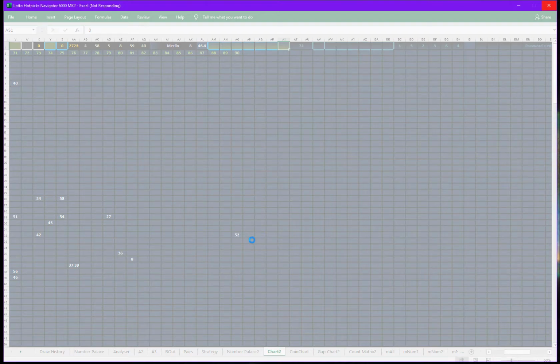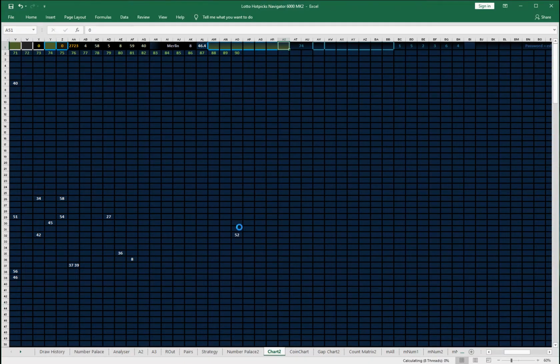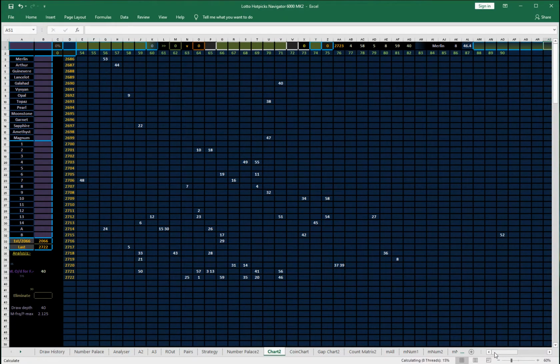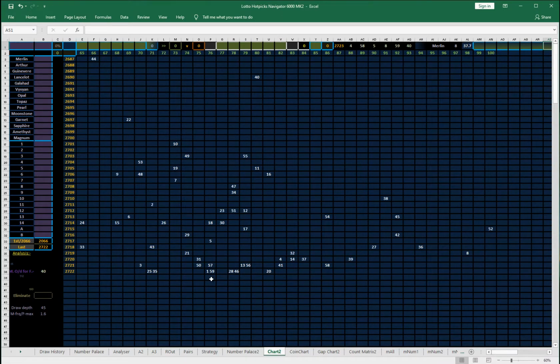Because on the chart for the bonus ball, or the chart for all 7 numbers, which includes the bonus ball, which is this one, then the number 33 is there. But why would I pick 33?